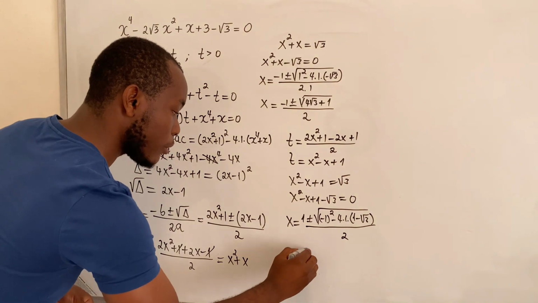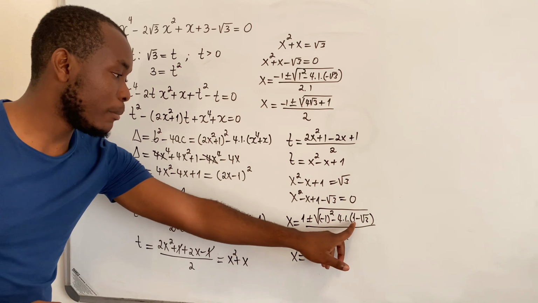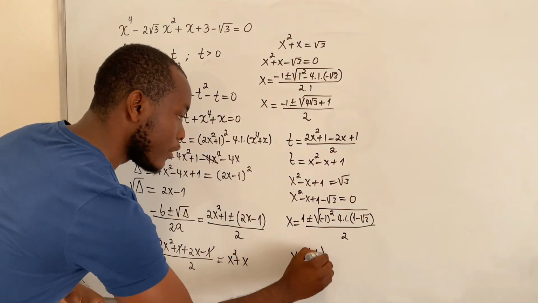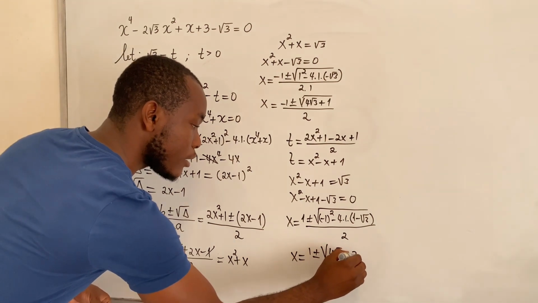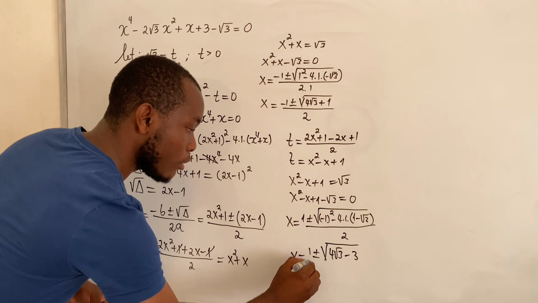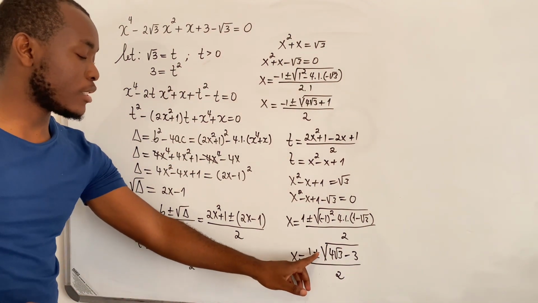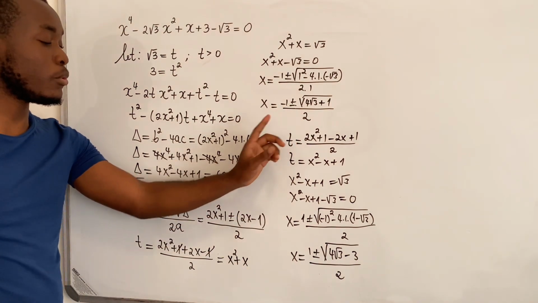So x will be equal to 1 plus or minus square root of, this will become minus 4, with this one will become minus 3, so we're going to have 4 square root of 3 minus 3, over 2. So there is plus or minus here. That means there are 2 values for x.